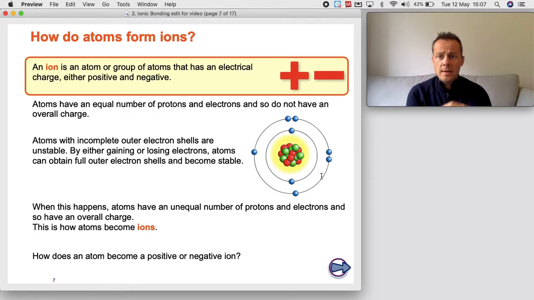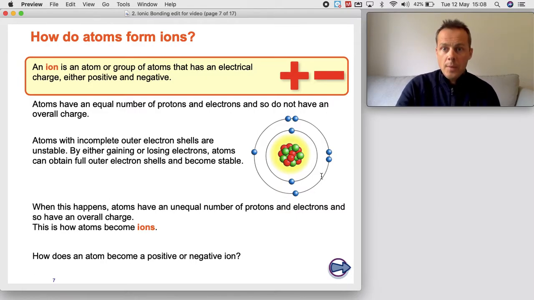And the easiest way to think about this, as far as remembering it for exams goes, the atom will do the simplest thing, the easiest thing. So it's much easier to gain 2 electrons. So this element here will gain 2 electrons. That will then make the outer shell complete and make it stable. Then we have an ion.